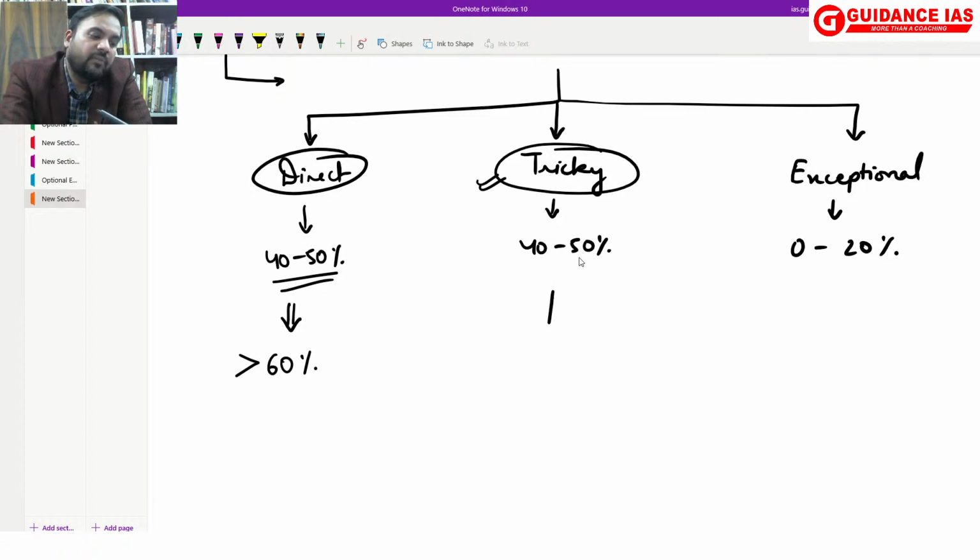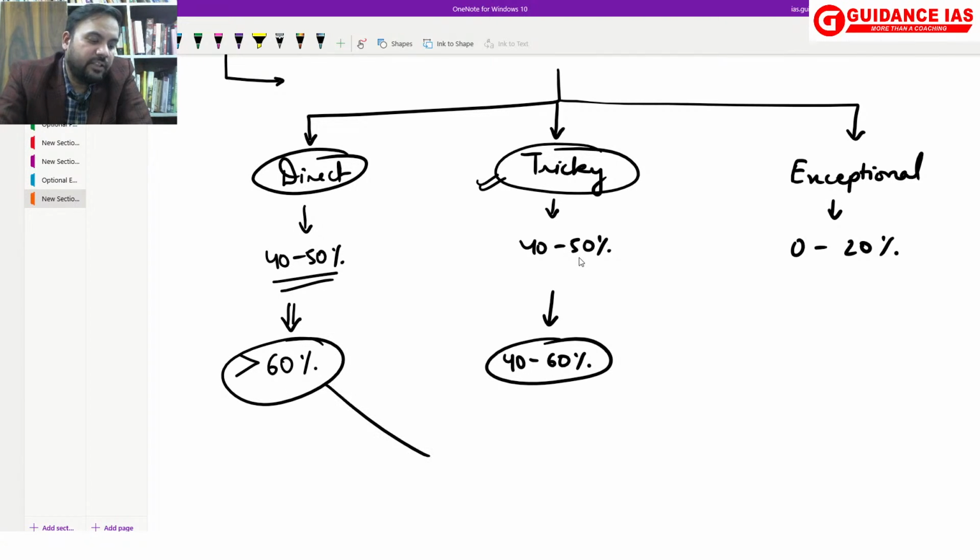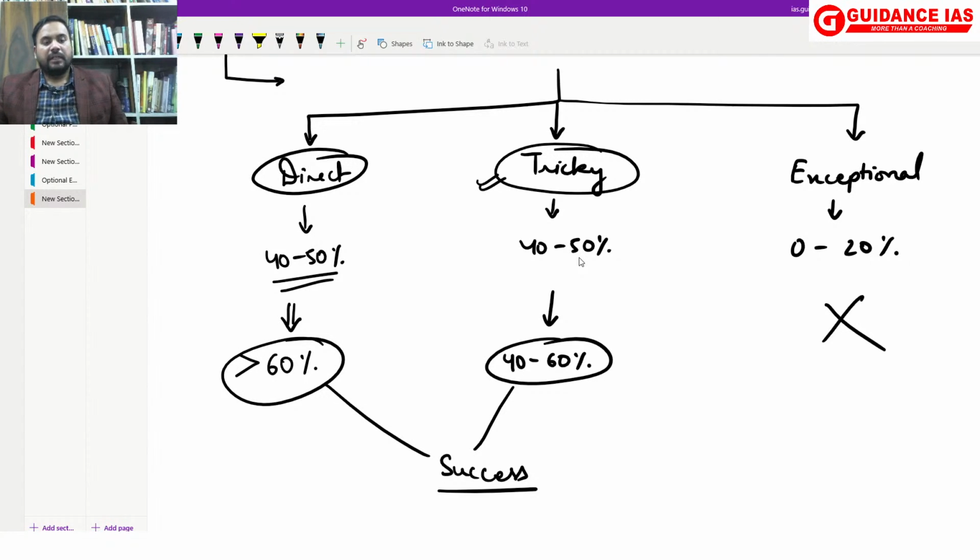If we can somehow score between 40 to 60% marks here, if we can achieve these two targets, that will ultimately give us success. इसका कोई फर्क नहीं पड़ता, they don't determine your result. ठीक है.